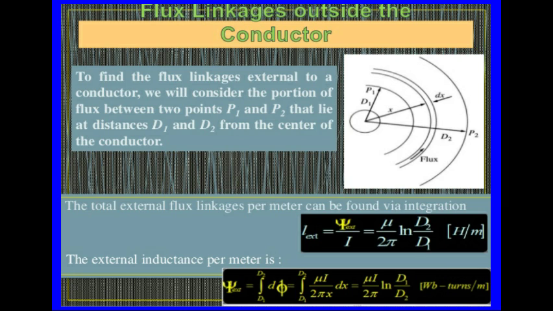Then the total external flux linkage per meter can be found by integration, that is L external is equal to phi external upon I. So the value is mu upon 2 pi ln D2 upon D1. Unit is Henry per meter.